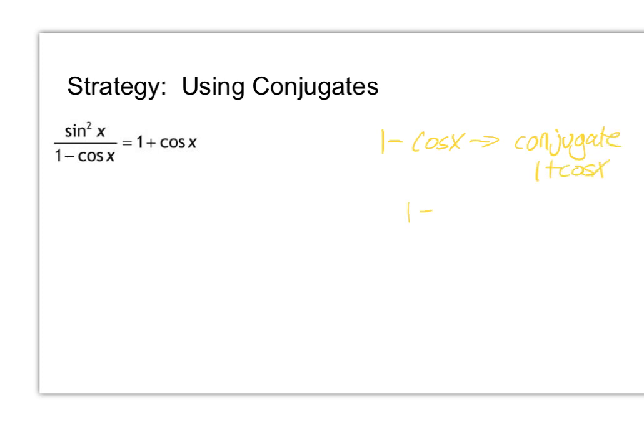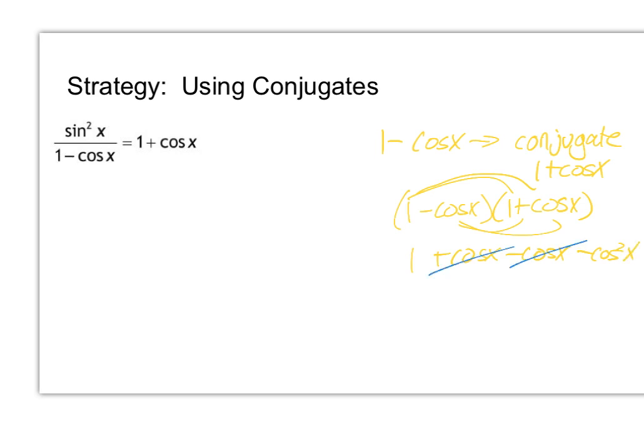The reason that these are cool is because if I were to multiply these statements, we end up getting a middle term, plus cosine of x minus cosine of x, that cancels out. That lets us say, okay, well, 1 minus cosine squared is the same as sine squared, and now I can play with some things. But let's see how this looks on this problem.